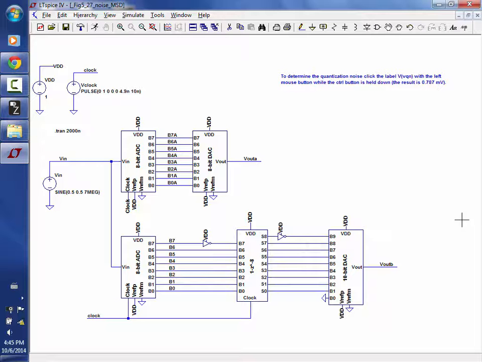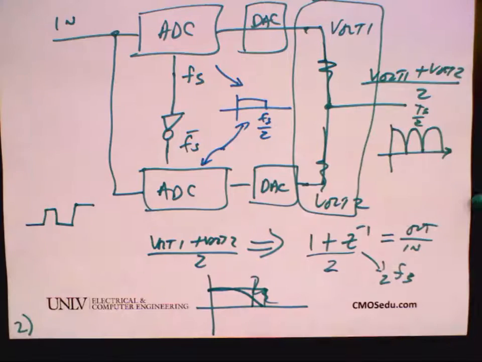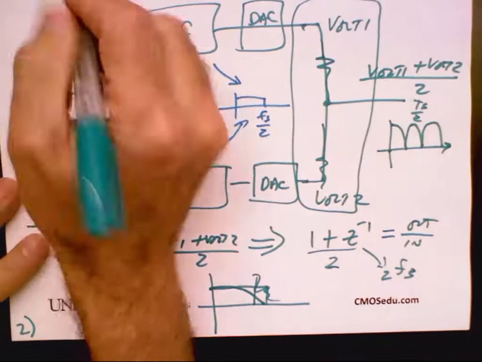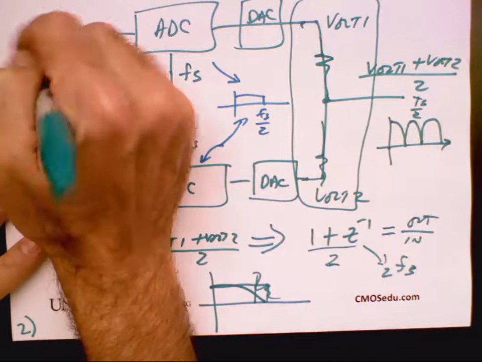And, okay, so wait. What do I expect to see? This path here and here is exactly the same. But what is this going to do? Yeah, so let's sketch it. So we should see the top one having a spectrum that looks like this for the noise, with an input signal sticking up.